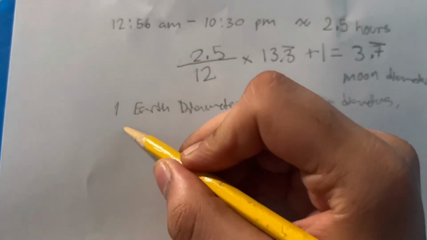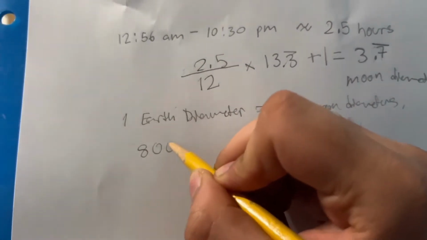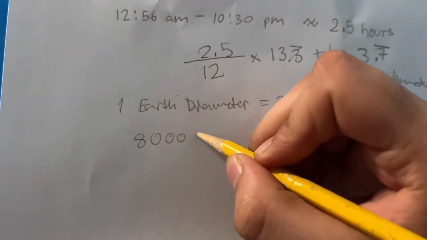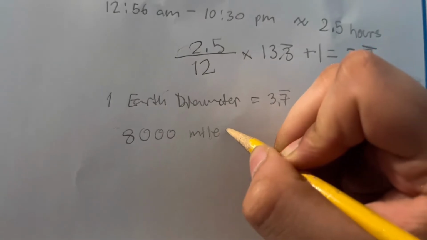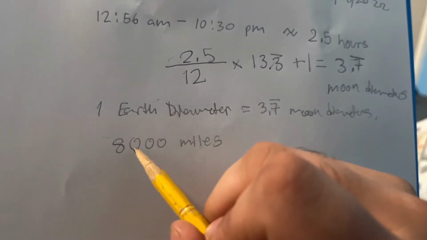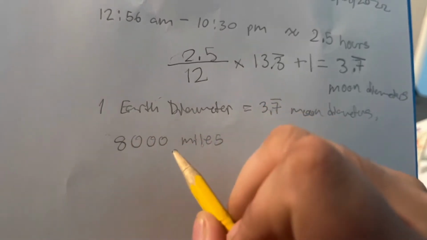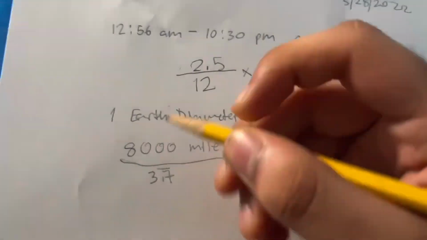The diameter of the Earth is roughly 8,000 miles, and that is encompassing 3.777 moon diameters. Therefore, divide 8,000 miles by 3.777, and that should give you the diameter of the moon.